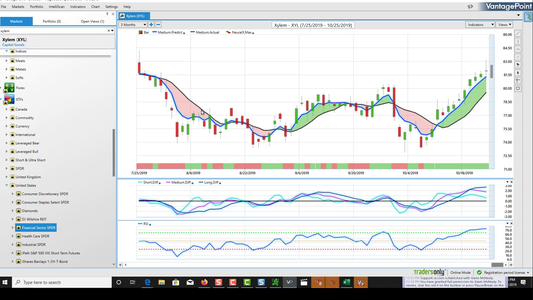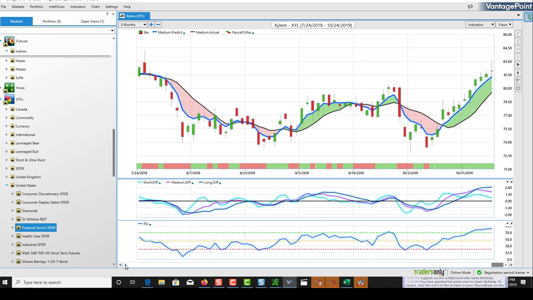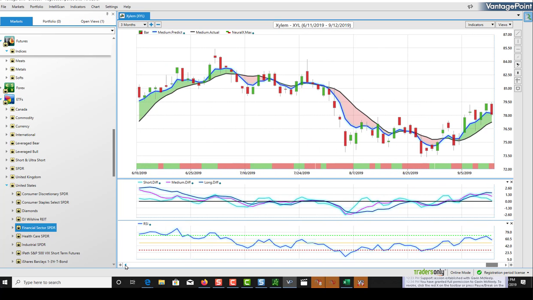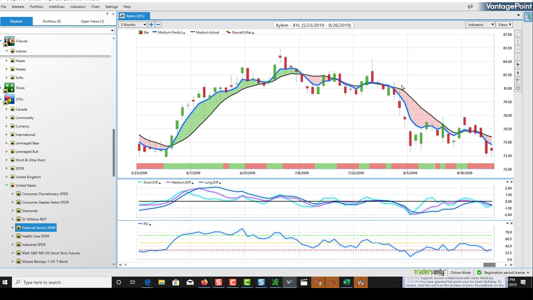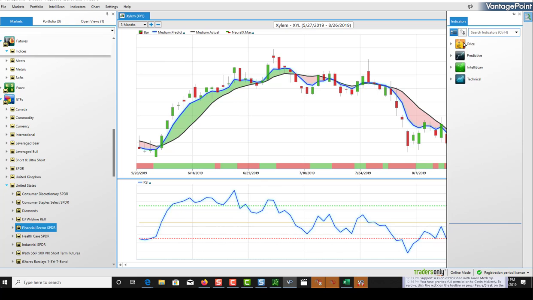I'm going to show you a move with Xylem that happened maybe 4 or 5 months ago, right here. Now, I'm going to add on all four of those technicals. Because remember, you have the price, predictive, and intelligence, and those are all on your base package. Those are coming with you when we register everything. Good. The four technicals are an add-on, so let's take a look at what they look like.